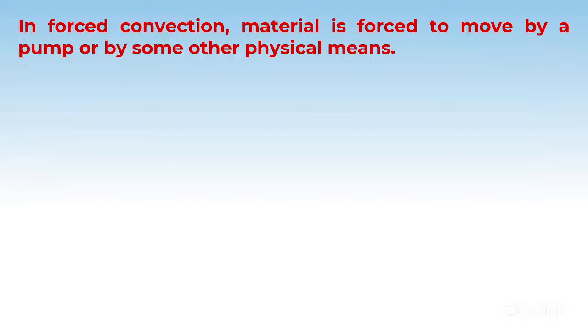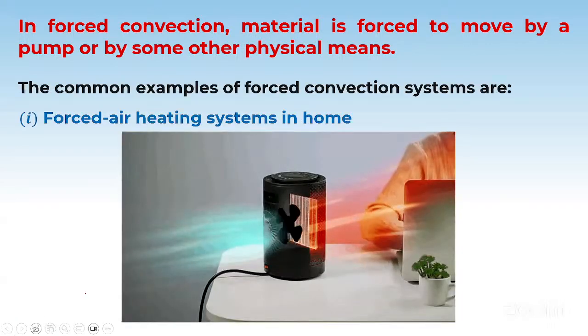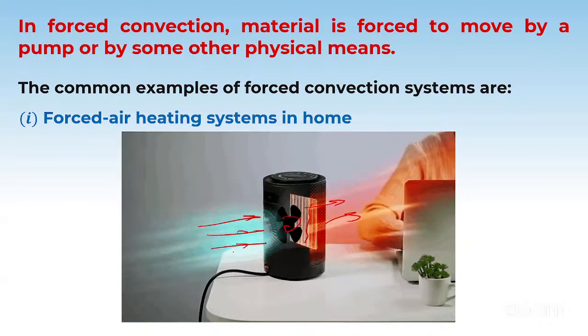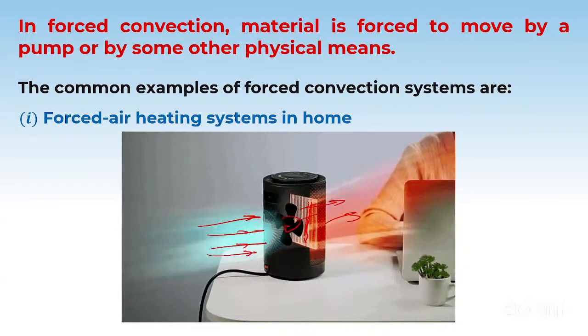फोर्स्ड कन्वेक्शन में we force the material to move to transfer the heat, ठीक है, by using the pump or some other physical phenomenon, जैसे ये। अब देखो यहाँ पे ये हीटिंग एलिमेंट तो है, चलो, लेकिन हमें तो वार्मर एयर चाहिए थी, तो हमने क्या किया, एक फैन डिप्लॉय किया यहाँ पे। ये फैन क्या कर रहा है, पीछे से कोल्ड एयर को सक कर रहा है, and this cold air is passing through this warm sheet, and it is getting warmer, but this process is having some consumption of energy.